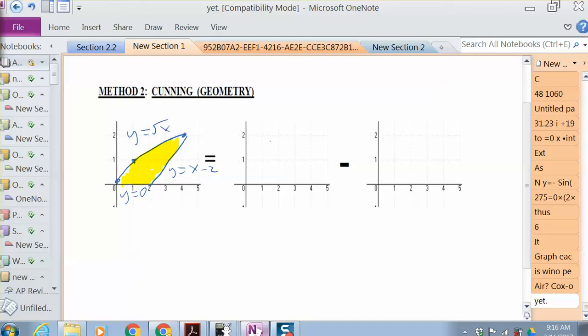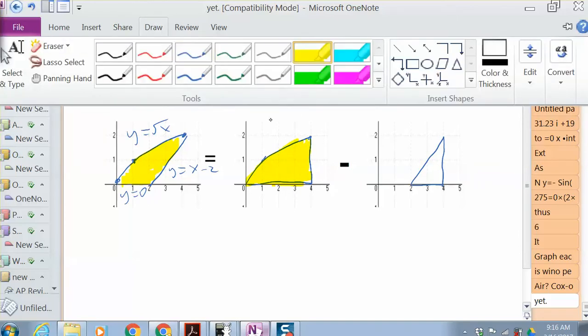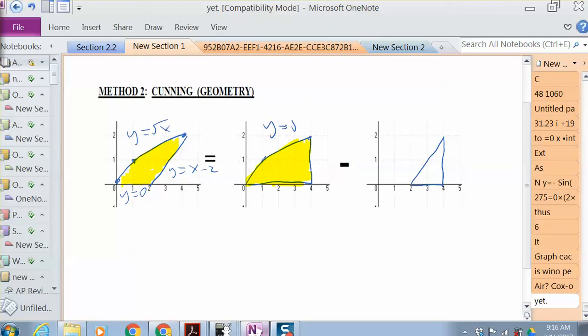What if you did this? What if you just looked at root x with y equals 0, but then also looked at this right triangle here?